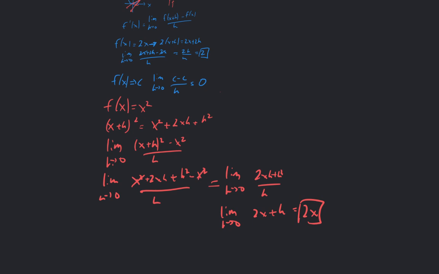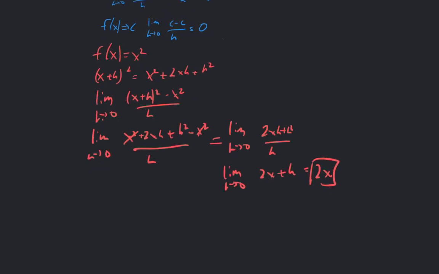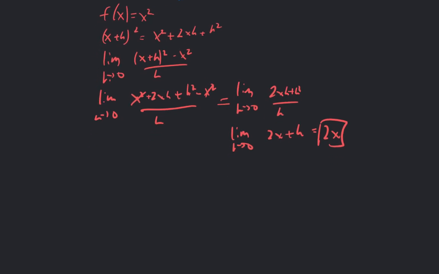Now, these are just the basics of finding the derivative, but we can also find the slope of the tangent line. If we want to find the slope of the tangent line at x equal to 2, we just plug 2 into the derivative, which would be 2 times 2, and that would be equal to 4.